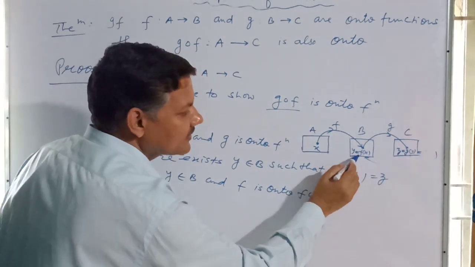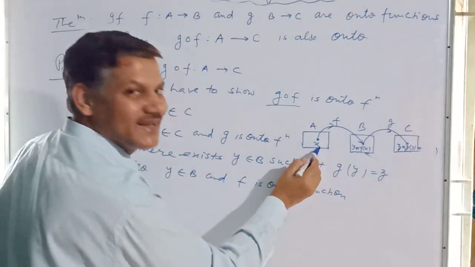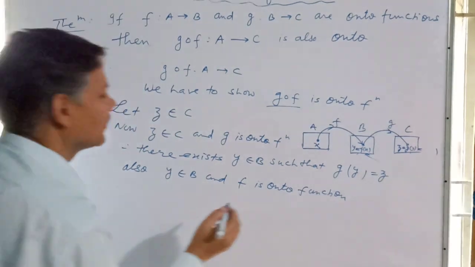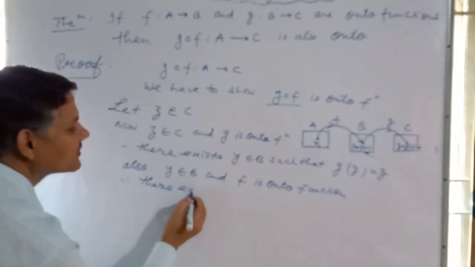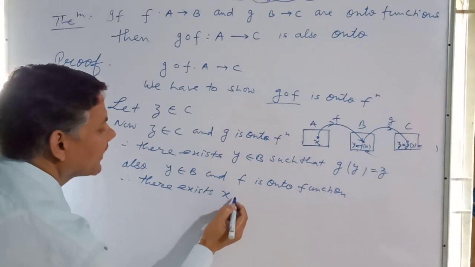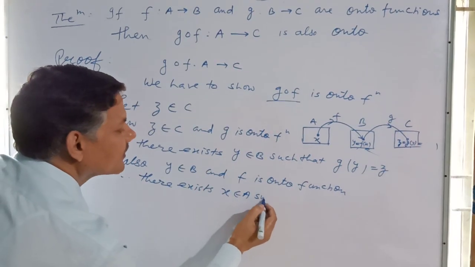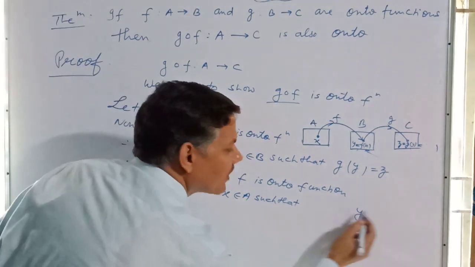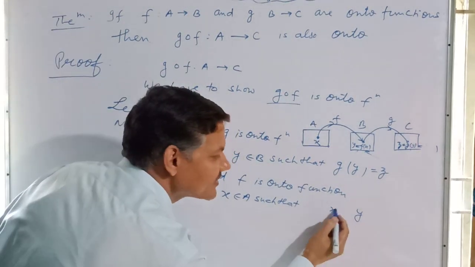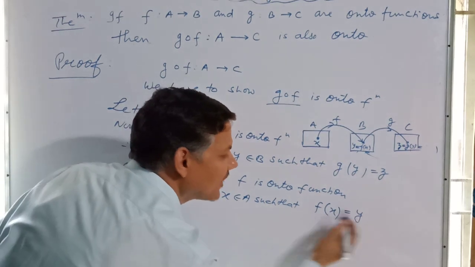So there exists a preimage of y in A. Therefore, there exists x in A such that the preimage of y is x, or we can say the image of x is y.